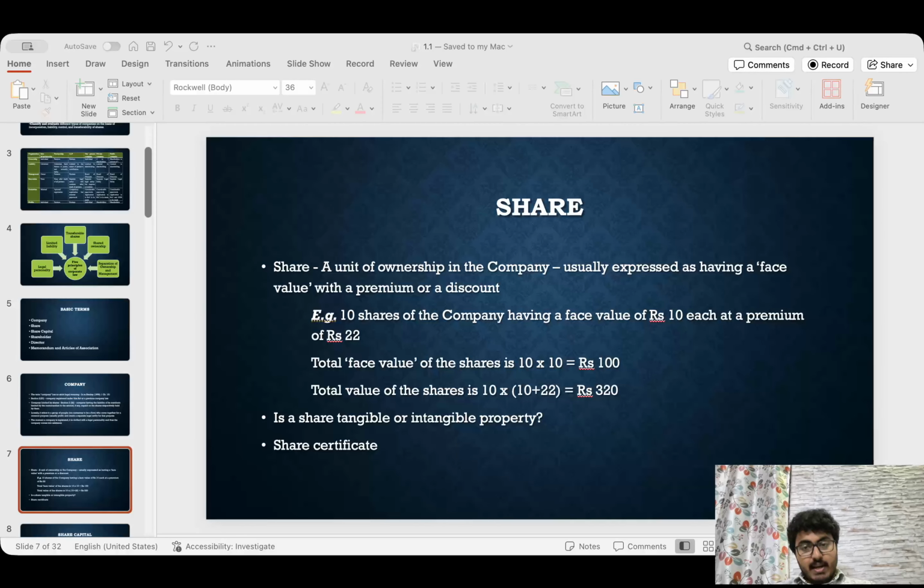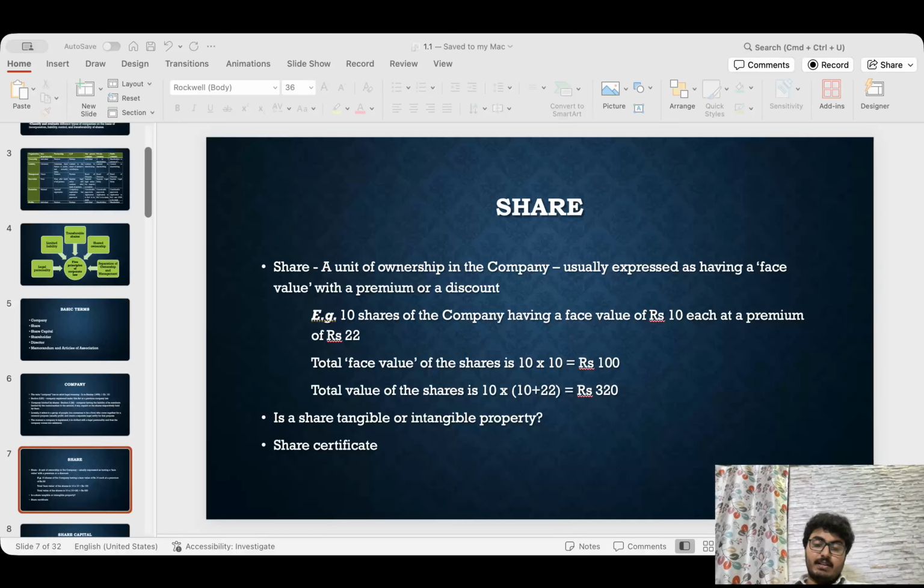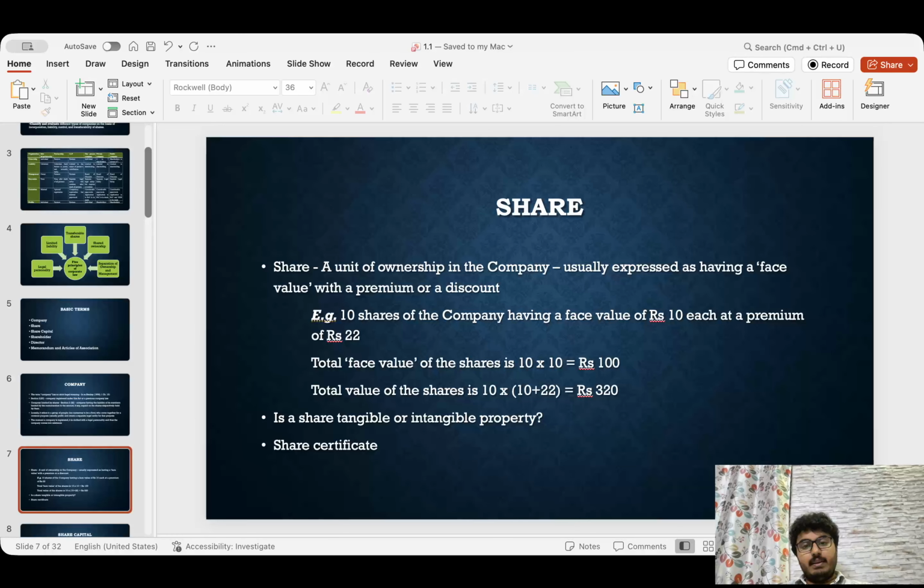Shares may be issued at a premium or a discount. Premium means when a share is issued at more than its face value, we call it issued at a premium, and when a share is issued at a lesser value than the face value, we call it issued at a discount.